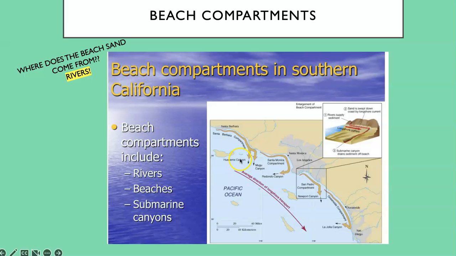Then the beaches, where the longshore transport, which is shown here in the red arrow, moves the sand eventually down the beach. And then offshore, something that you can't see without having stripped away all the water, is that there are these submarine canyons offshore into which the beach sand eventually goes. So the sand does not come from the ocean, it comes from the land, and it works its way along the coast.